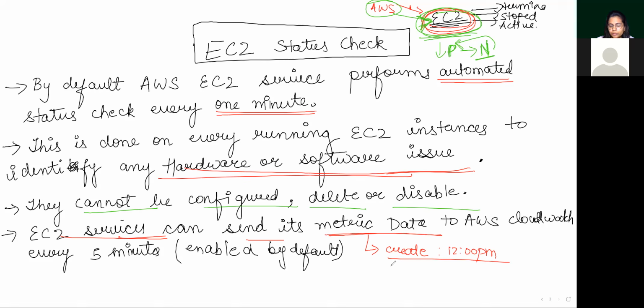Then you have attached an EBS volume with it at 2 p.m. This will be recorded. Like this, every process you do inside the EC2 will be recorded inside the metric data, and this metric data you can send to CloudWatch in every 5 minutes. So all the processes you are doing with your EC2 get recorded in the form of logs. Getting it? Okay.